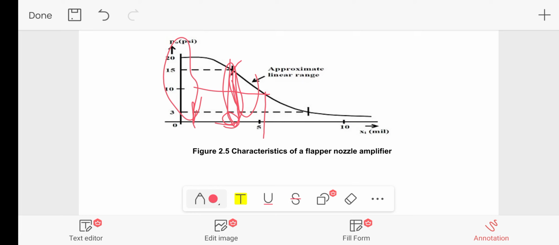Suppose fully away, only 3 psi comes. Fully away means no pressure output.